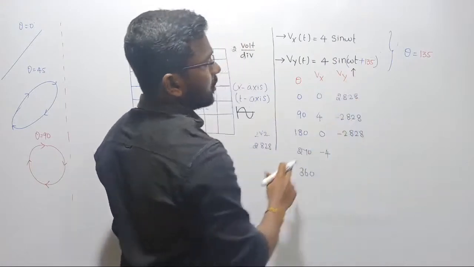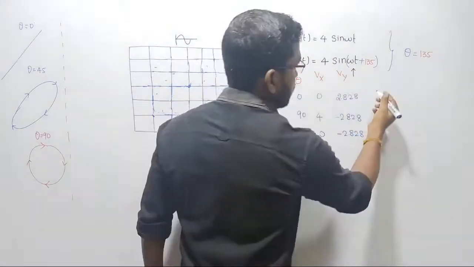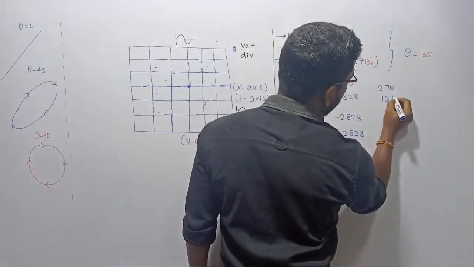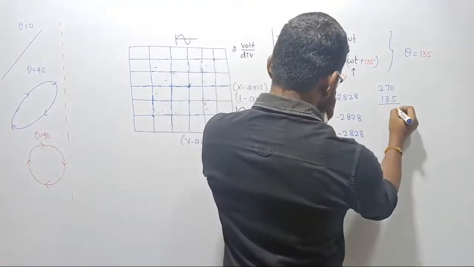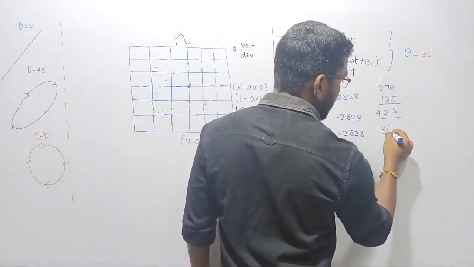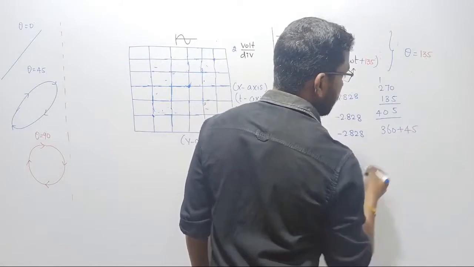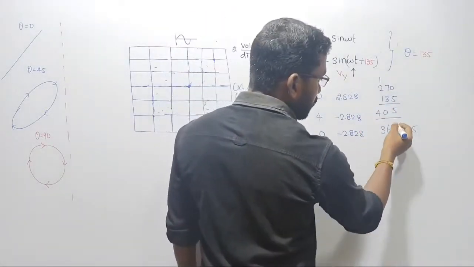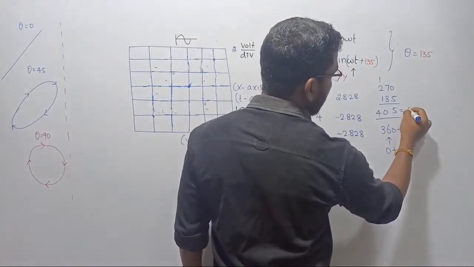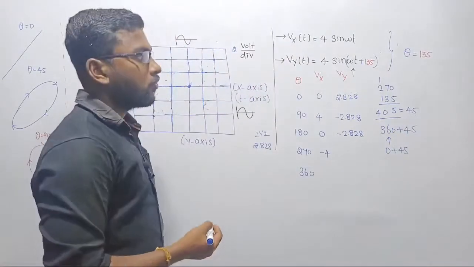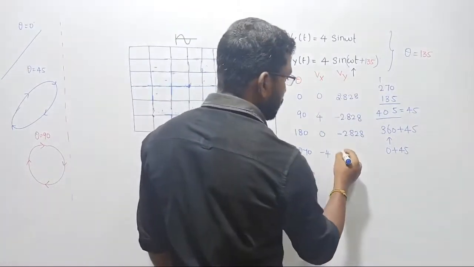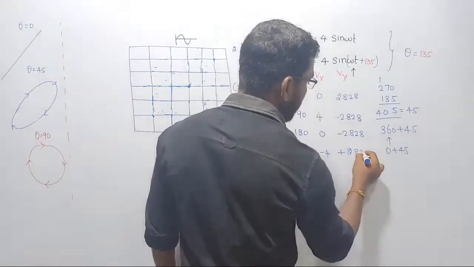Here, 270 plus 135 is 405. 405 can be broken as 360 plus 45. 360 is equal to 0 degrees, so 0 plus 45, so 405 is equal to 45 degrees. Now, the value of sin 45 is 1 by root 2, so plus 2.828. Not 848, 828.